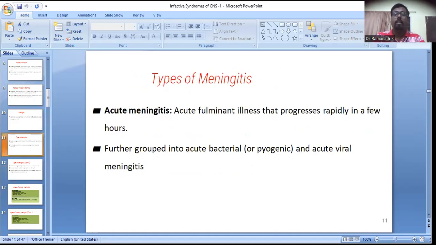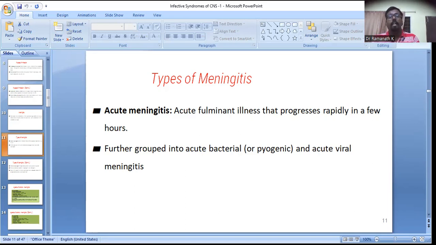In acute meningitis, we have an acute fulminant illness developing rapidly in a few hours. Once the bacteria enter into the meninges, the infection will start immediately within hours. So acute meaning itself is fast or with a sudden onset. It is further grouped into acute bacterial and acute viral, based upon the causative agents.